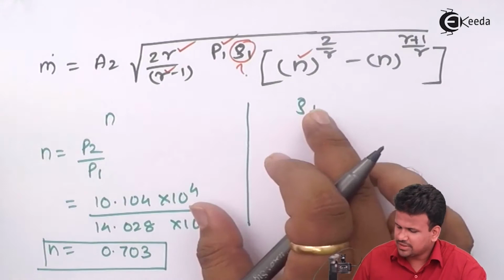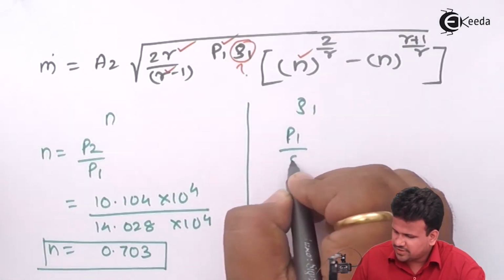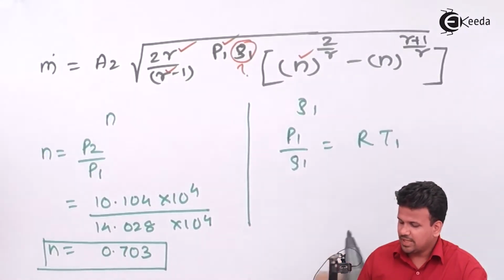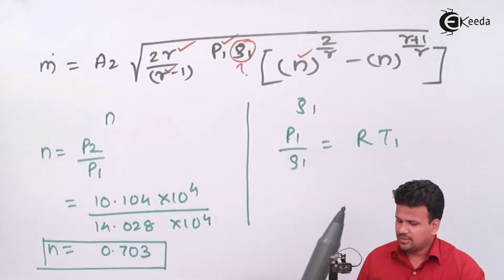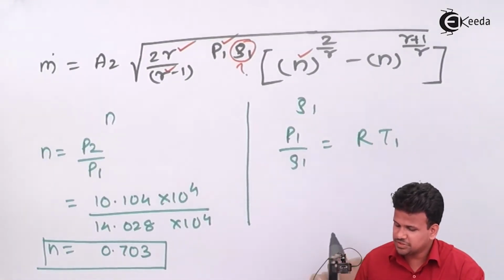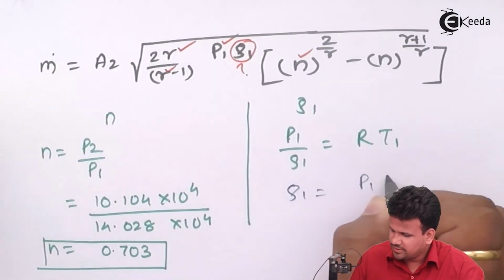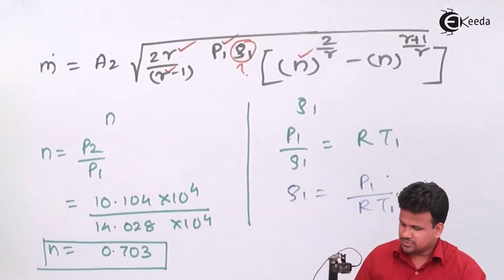Now let us calculate the value of rho 1. We know that it is an adiabatic process. P1 upon rho 1 is equal to R into T1. We can calculate by applying this ideal gas equation. So rho 1 will be equal to P1 upon R into T1. So let us substitute the values.